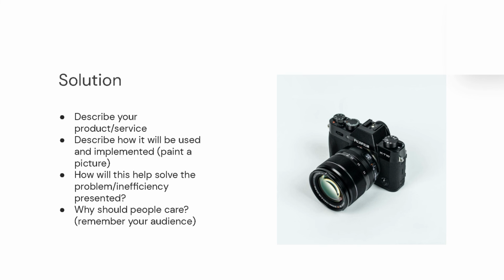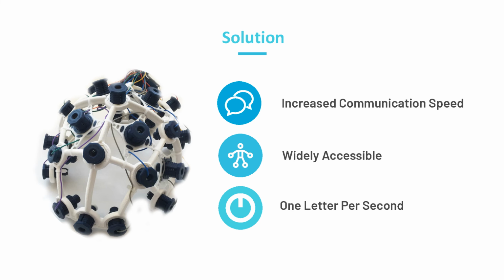Again, remembering that audience, try to tie it back to those initial hooks and the ways that you're getting people excited. So this is just an OpenBCI headset, but we're pretending that the idea is a thought keyboard, where you can think of different letters and they will appear on the screen using this technology. And so we can say that what this will do for people is increase communication speed and make it more widely accessible, because everyone will be able to talk and use a computer.